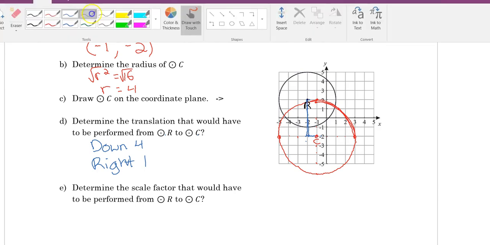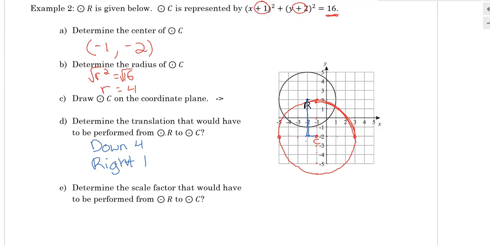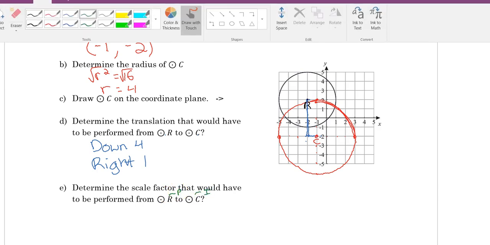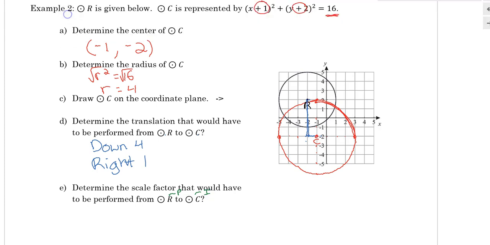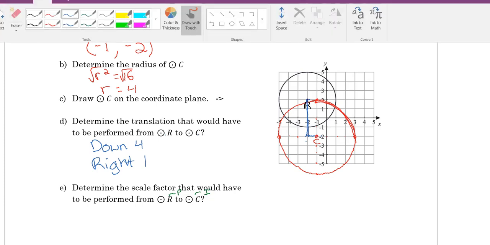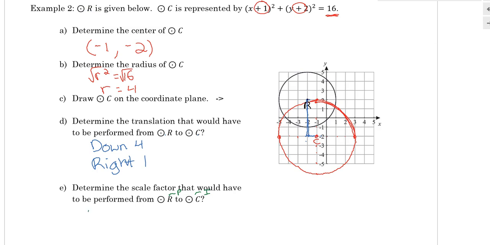Then looking at our scale factor, remember R is our pre-image, C is our image. So k equals image over pre-image. So it's going to be C over R, and I have to look at my radii.